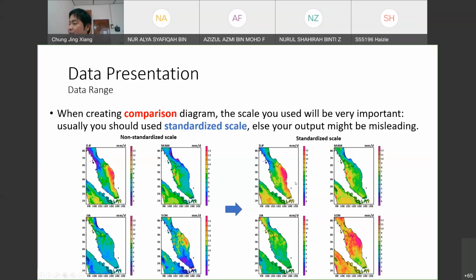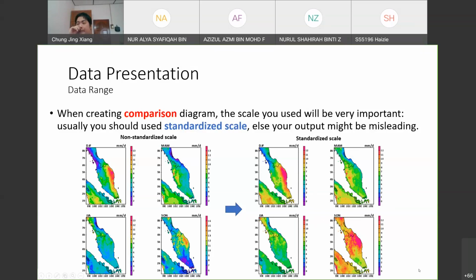But once you standardize them, everyone will have the same color, so the only change is in the data. Now we can see very clearly that the rainy season for Peninsular Malaysia is actually September, October, November. Only for the East Coast is it December, January, February. So we can see the differences very clearly when you use the standardized scale.